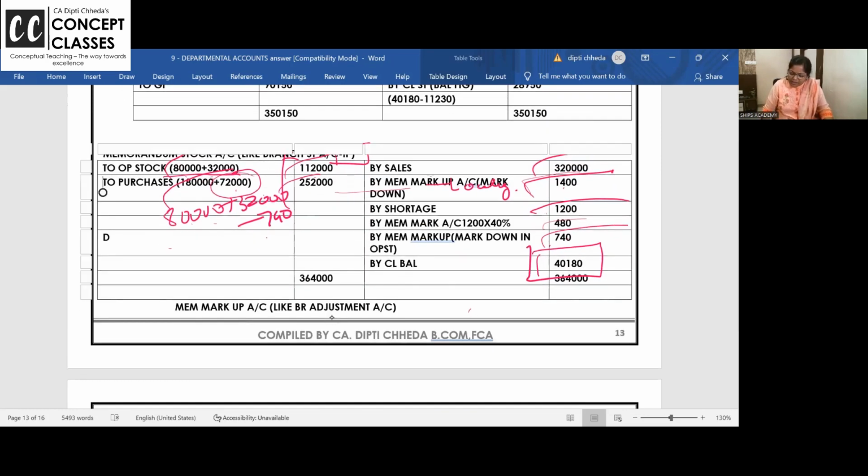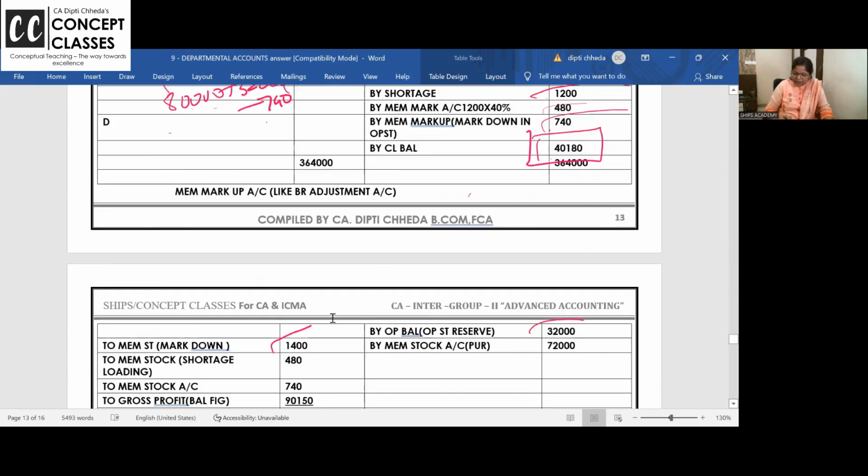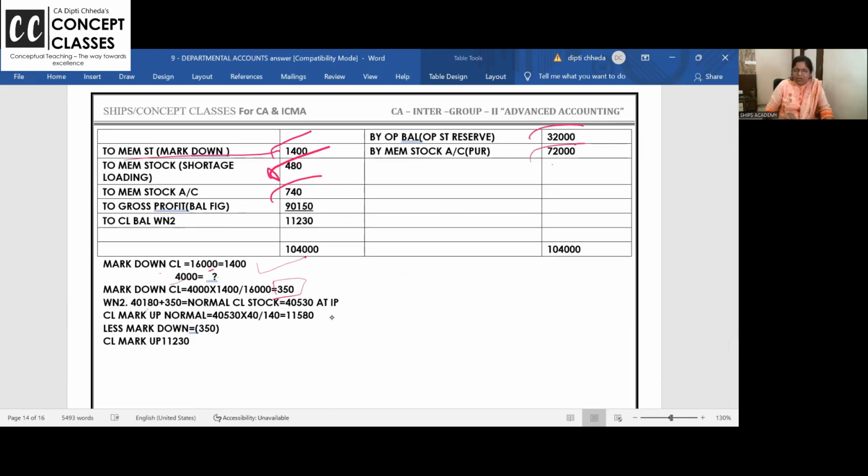So in the closing stock, you have total done markdown 1400, but अभी तक 350 markdown has not expired. Like last year 740 markdown expire नहीं हुआ था. So 4180 is not my normal closing stock. It has a markdown of 350.